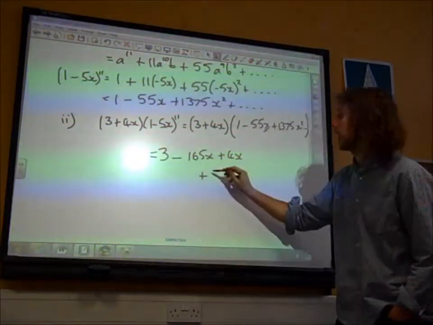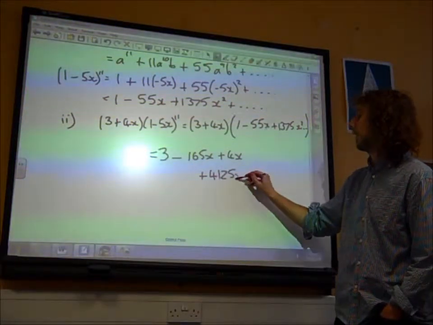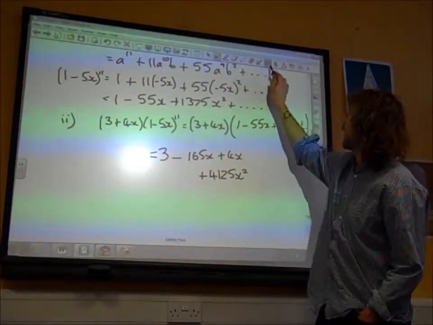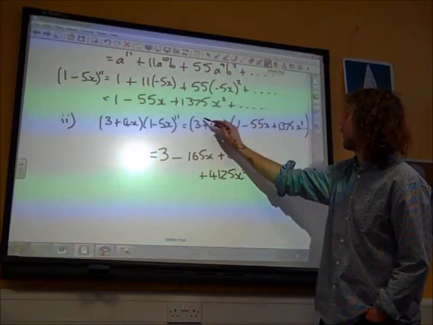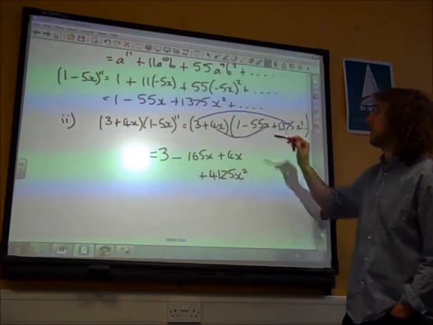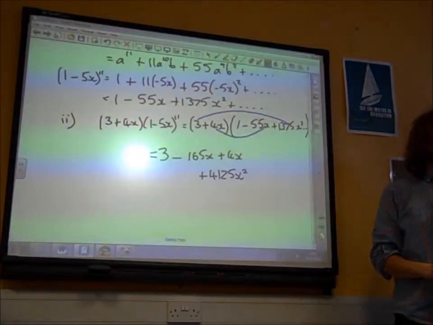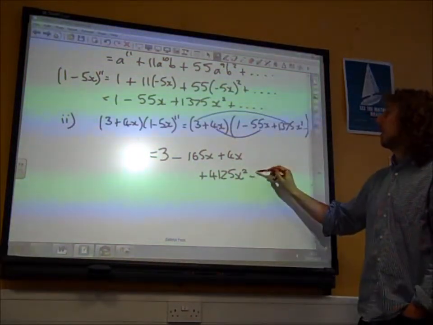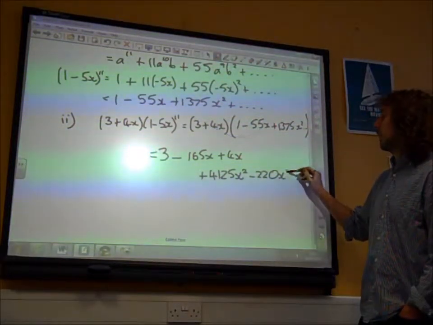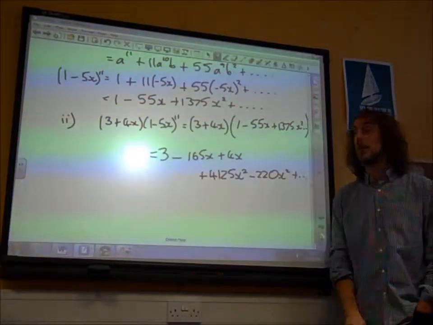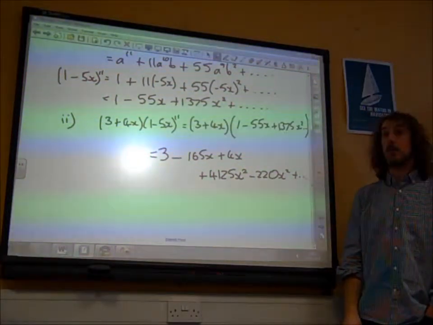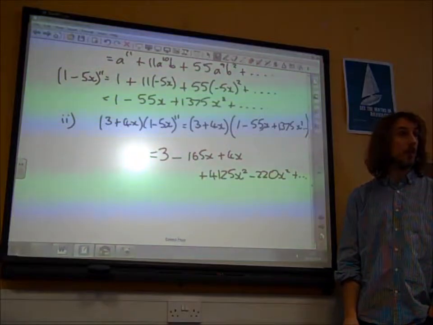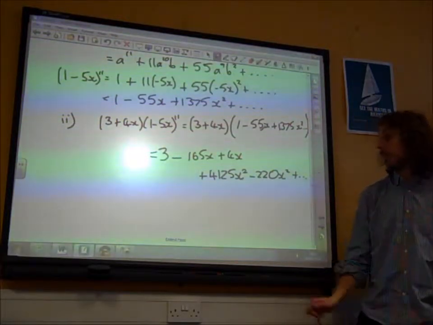Yeah. Didn't quite believe it. And then we'd also have that one times that, so that would give us 220, wouldn't it? And then it would go on, because anything else that we multiplied would give us something bigger than an x squared, an x cubed or beyond.